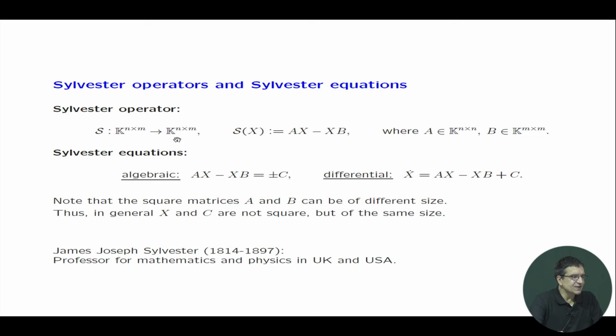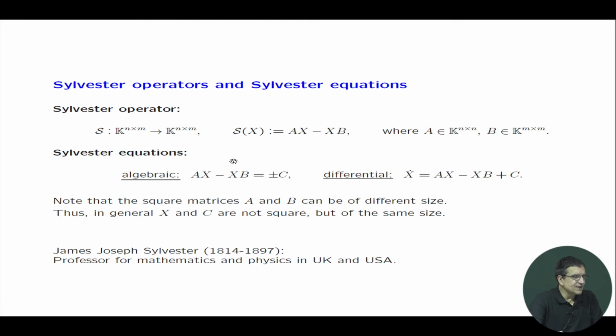Yes, and so the operator is given just in this way. A and B are fixed matrices. If X is a proper rectangular matrix, then A and B are square matrices of different size.